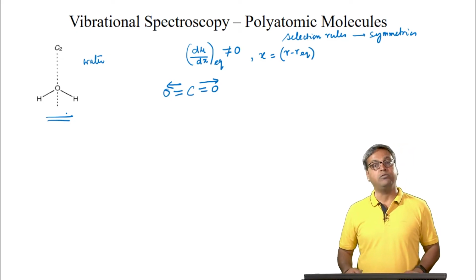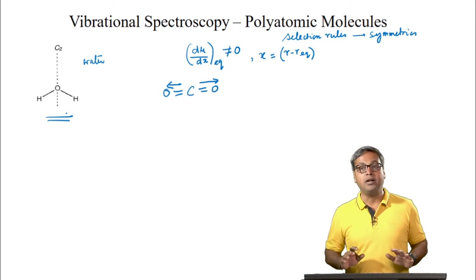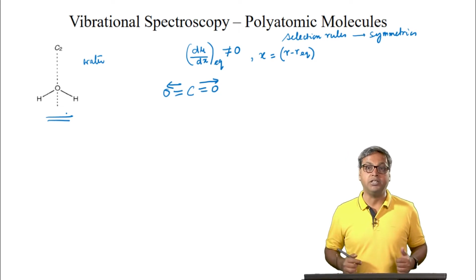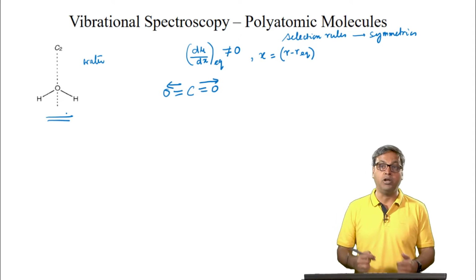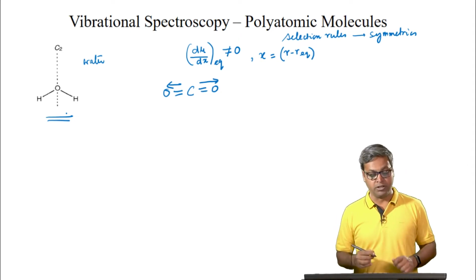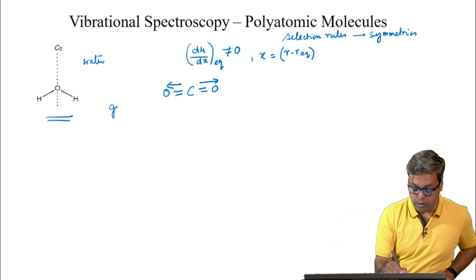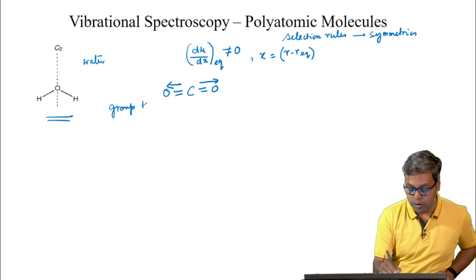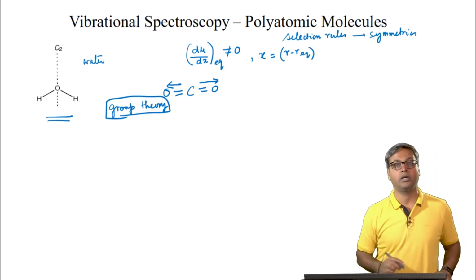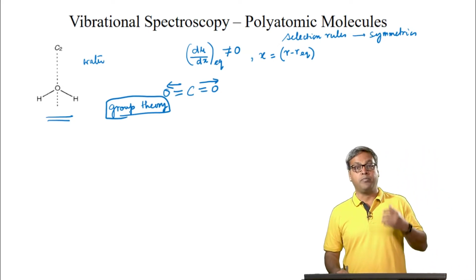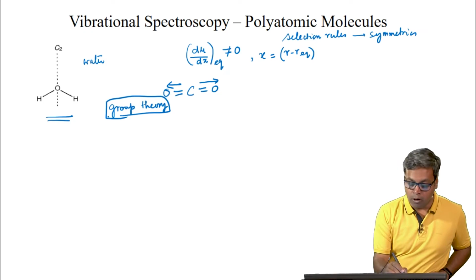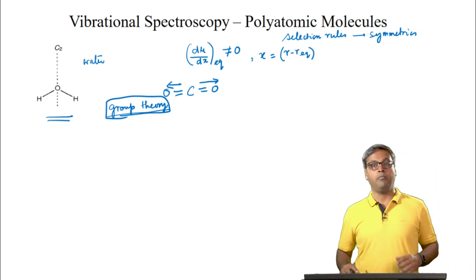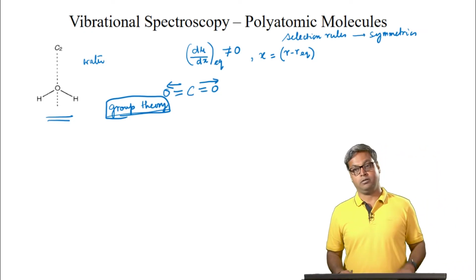Before we go into the details, we should understand that the application of symmetry arguments to molecules has its origin in something known as group theory. We will look into the basics of group theory from a more qualitative level.